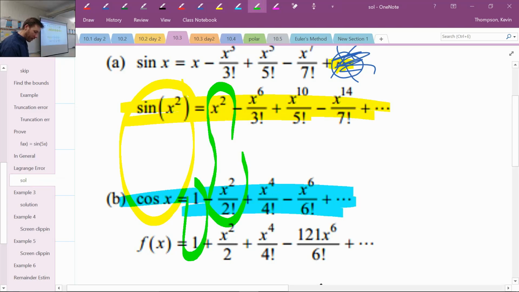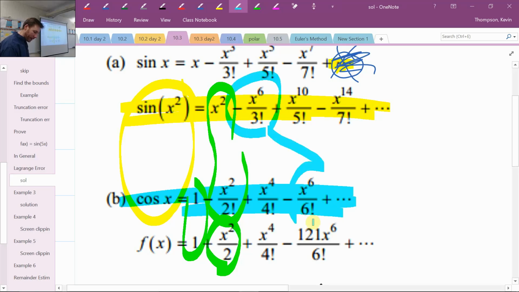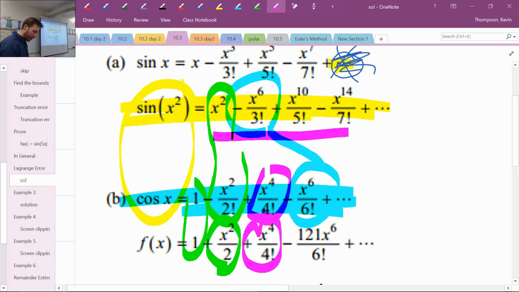So that's where the 1 here comes from. There's your 1/2. This one has an x to the 6th, and this one doesn't have an x to the 4th, which is why this one just drops down. So this is minus 1/6 x to the 6th.